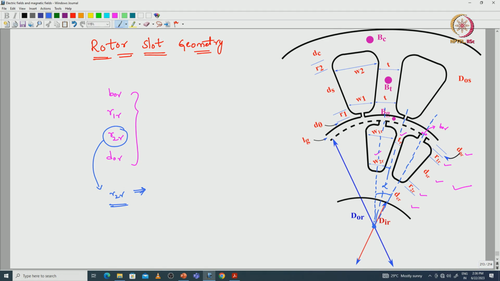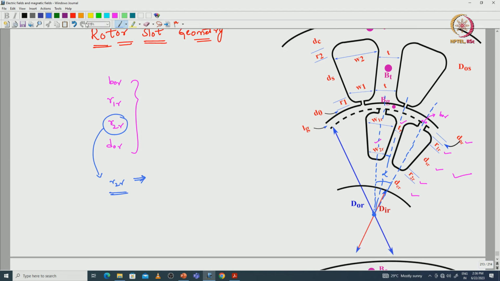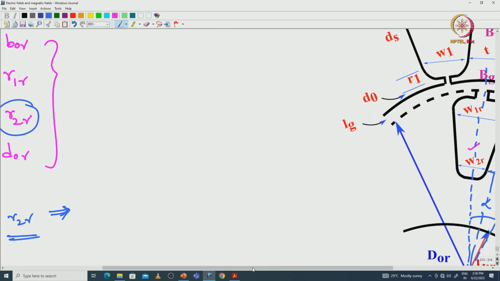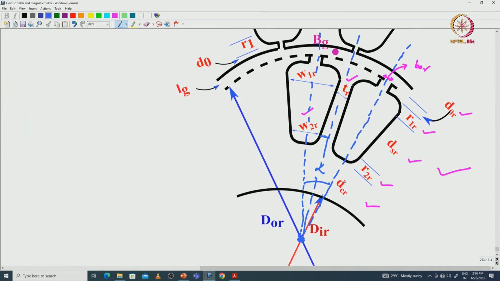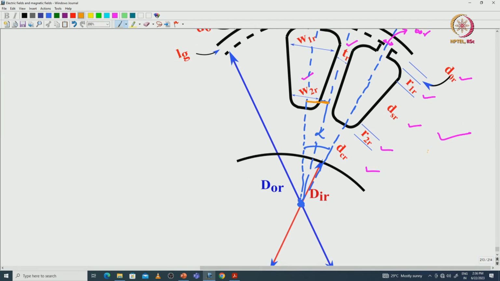This period we know, this width of the teeth we know. The width of this portion is TR by 2 and the width of this portion is W2R by 2.